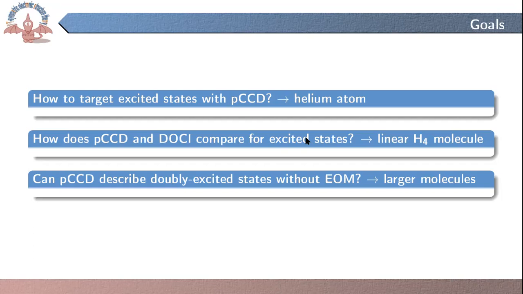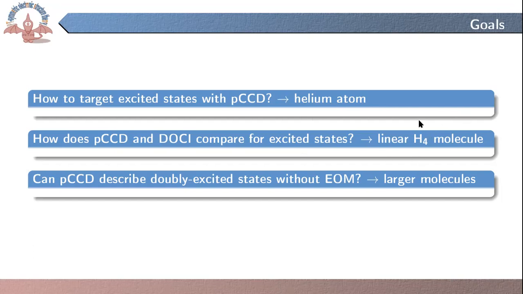It's not the same as doing it for the ground state, so I have to be a little bit careful, and for that we explore the case of the helium atom. And the second question is how does this nice matching between the energies for the ground state compare for excited states, and how does it behave depending on the reference wave function you use.